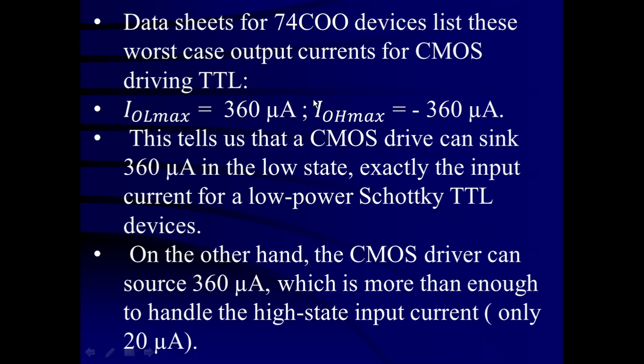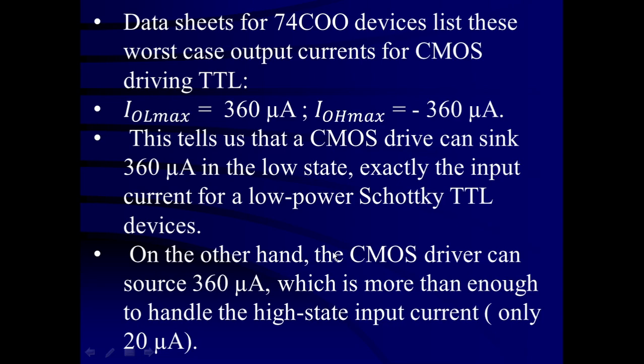That means when the output of the CMOS device is low, the sink transistor is sinking a maximum current of 360 microampere. This tells us that the CMOS driver can sink 360 microampere in the low state, exactly the input current for the low power Schottky TTL device.